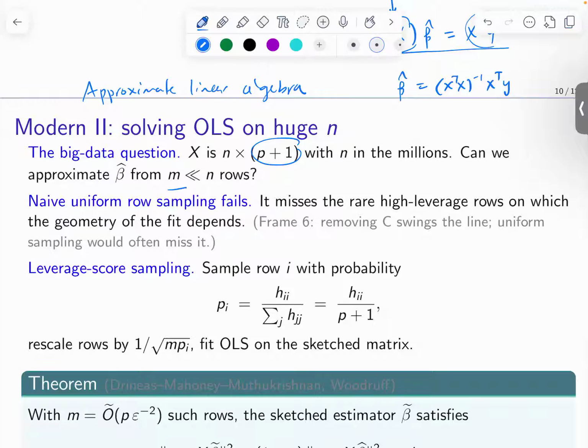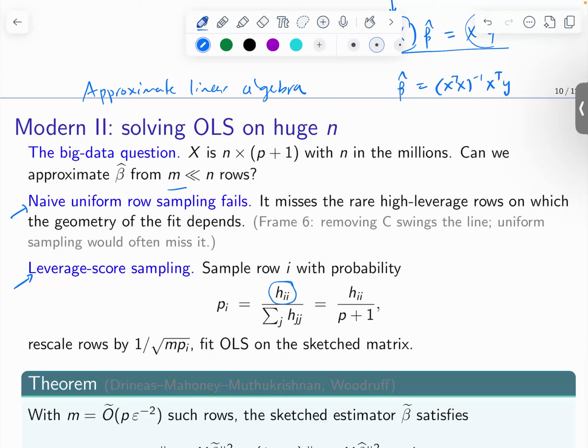You lose some information, but the idea is that you don't need to naively sample uniformly. You can be more clever. We know that some data points are more influential, right? So you can try to keep those more often. And that leads to this idea of leverage score sampling. These are the leverage scores.